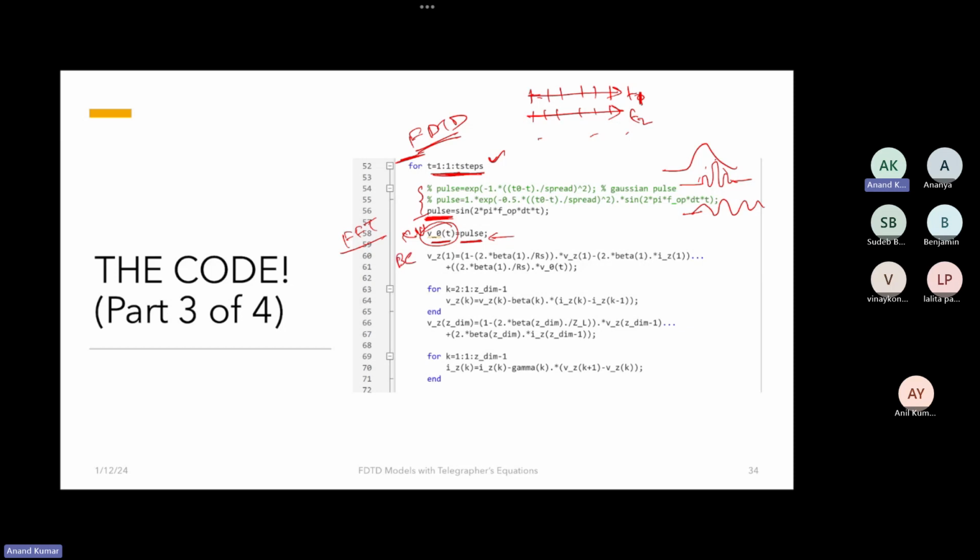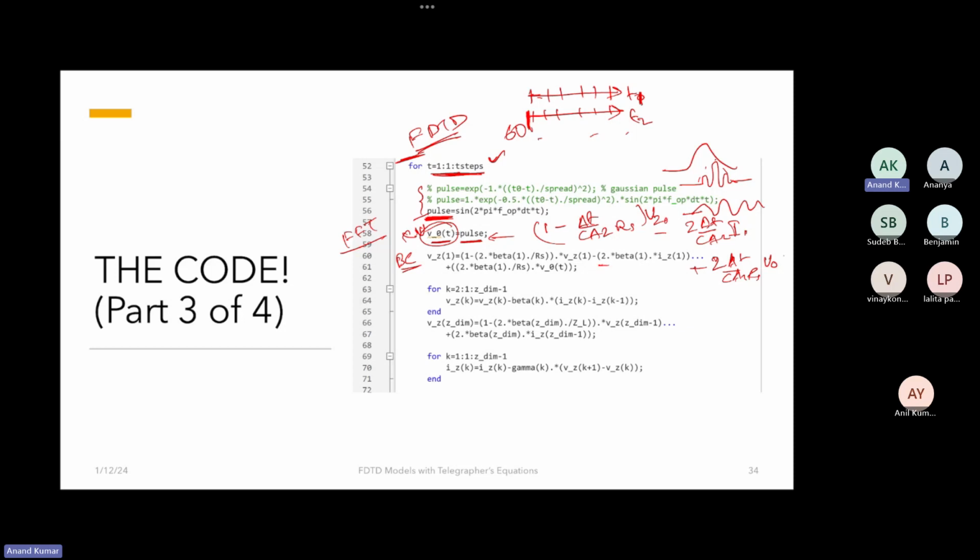Now this is the first boundary condition at the generator. This expression at line 60, 61: the first node is written in terms of 1 minus delta t by C delta z Rs, and this whole thing is multiplied with V naught, and then similarly minus 2 times delta t by C delta z and then the current value for the first instant, plus 2 delta t by C delta z Rs and the V naught value.